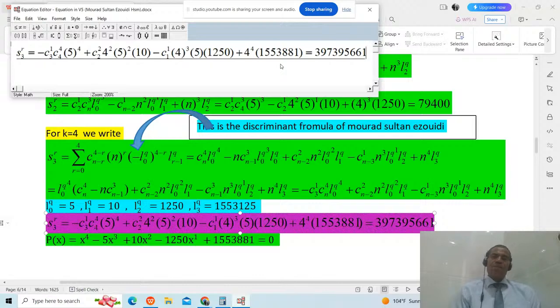Let's see, learners, now how to calculate it.